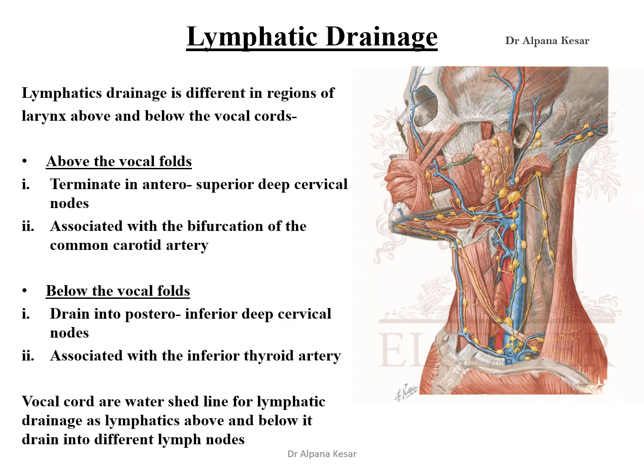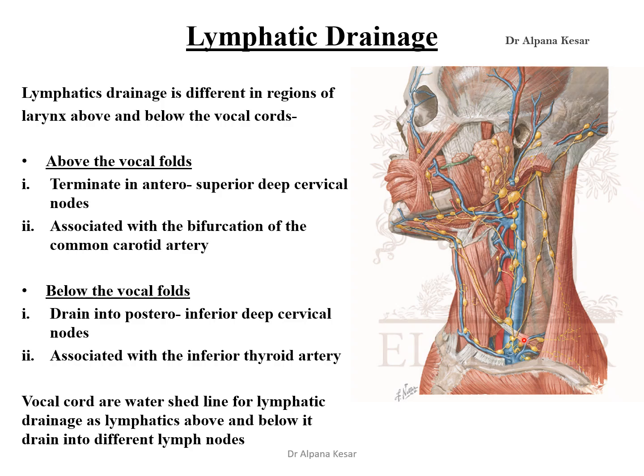Lymphatic drainage of larynx. Lymphatic drainage of larynx above and below the vocal cords is into different group of lymph nodes. Above the vocal cords, the lymphatic drainage is into anterosuperior group of deep cervical lymph nodes. These lymph nodes are present at the bifurcation of common carotid artery.